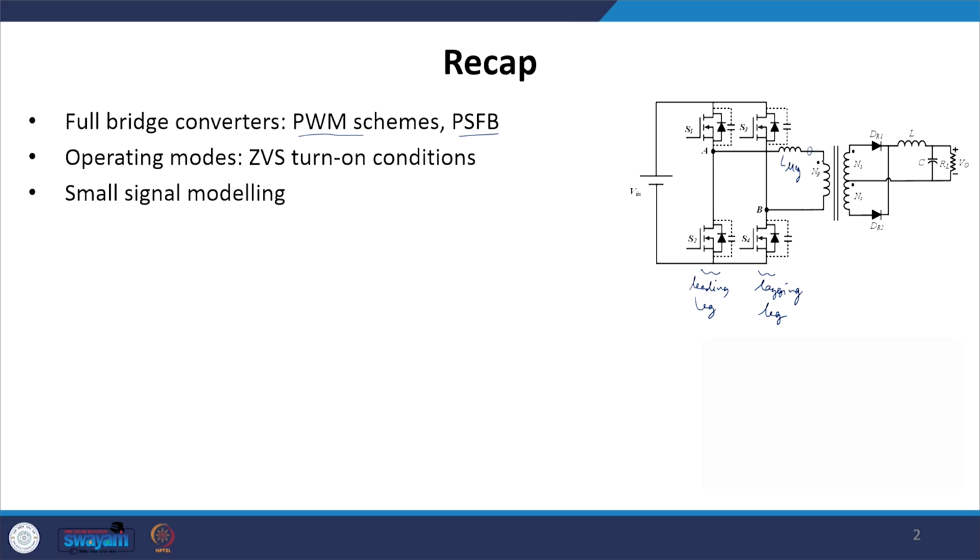That is when it will help in avoiding flux walking of this transformer, because if the flux in the transformer does not reset to its initial value, it keeps having some DC offset, and that offset keeps growing either in a positive or negative direction, which leads to saturation of the transformer. This DC offset may arise due to non-ideality in the devices, like different RDS(on), so the voltage drop across these devices will be different.